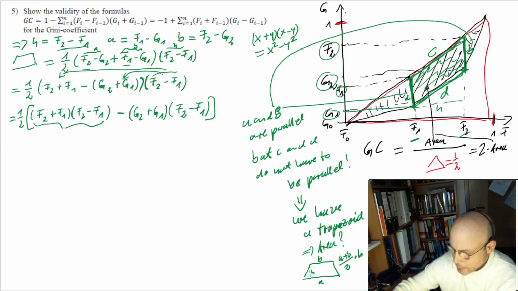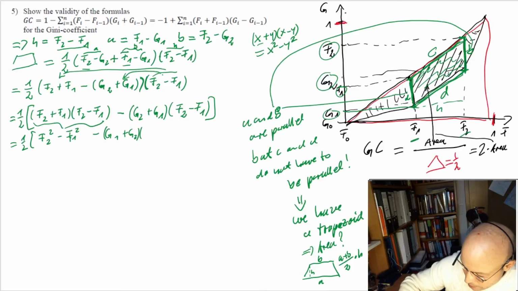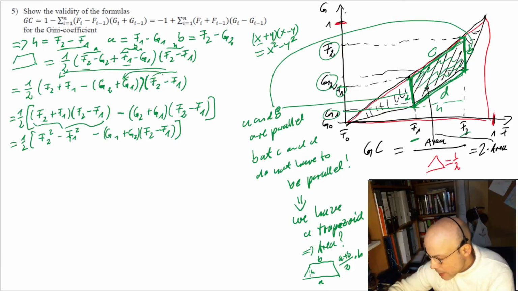And then we can identify x and y with F2 and F1, and we obtain 1/2 times F2 squared minus F1 squared minus G1 plus G2 times F2 minus F1.